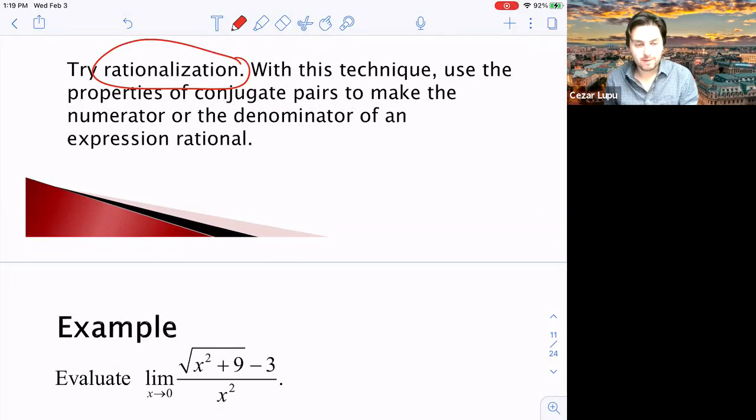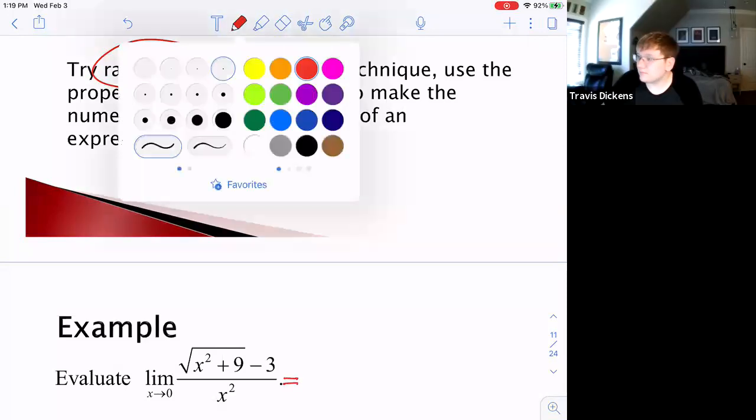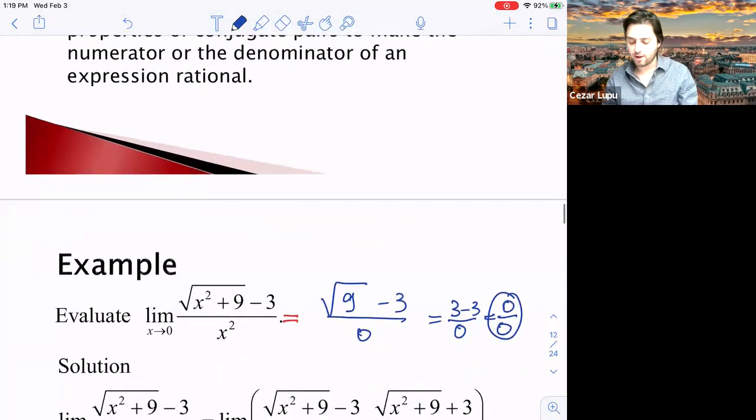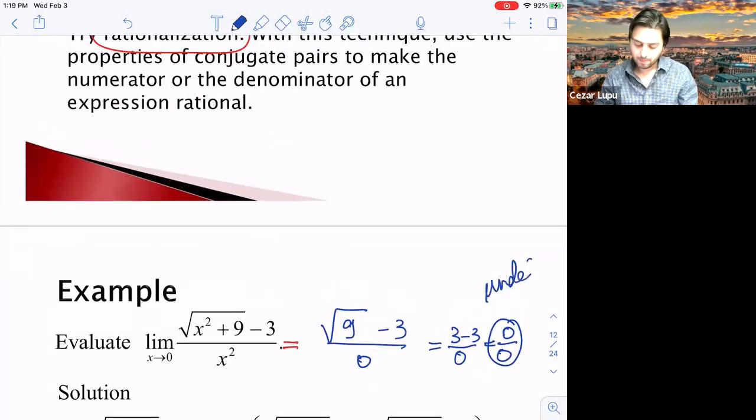So if you plug in x equals 0, what do you get? 0 over 0. Again, it's 0 over 0. So when you plug it in, you'll have the square root of 9 minus 3 over 0, which is again 3 minus 3 over 0, which is 0 over 0. Again, this is undefined. Again, we don't like that.